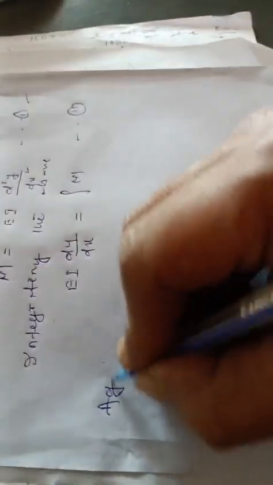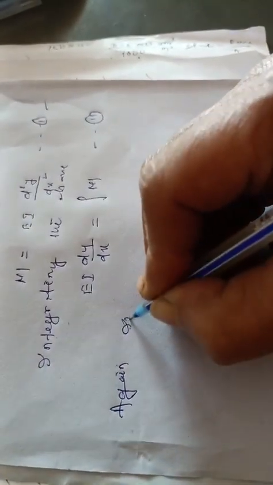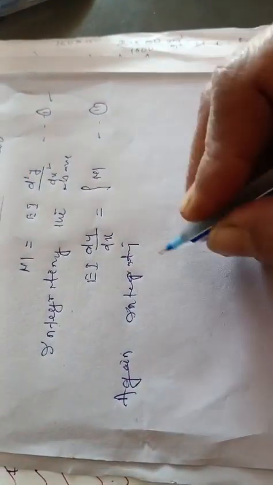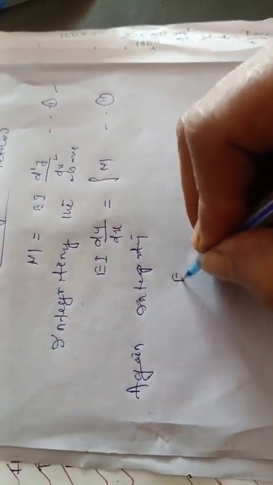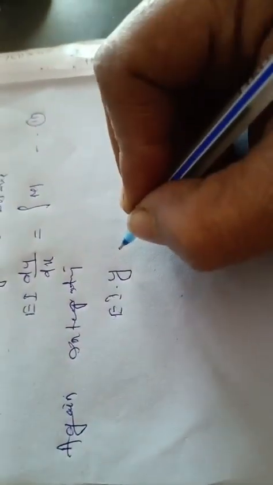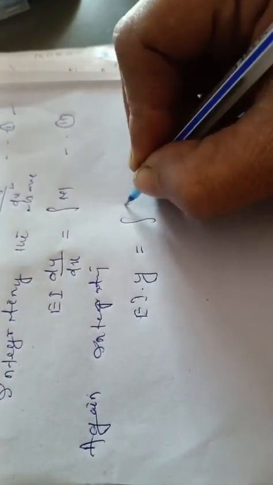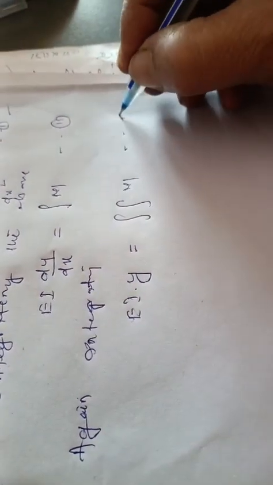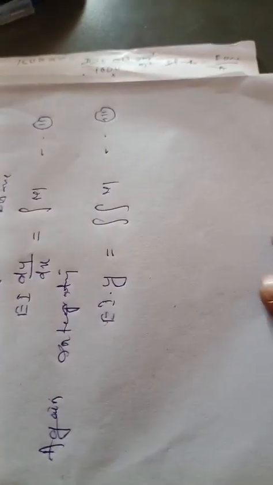Now integrating again, we get EI into y is equal to the double integration of M.